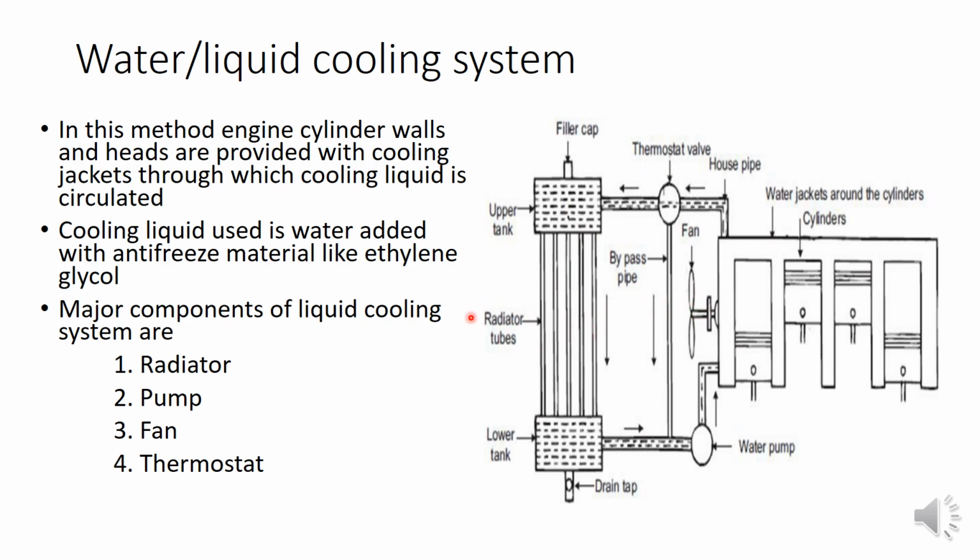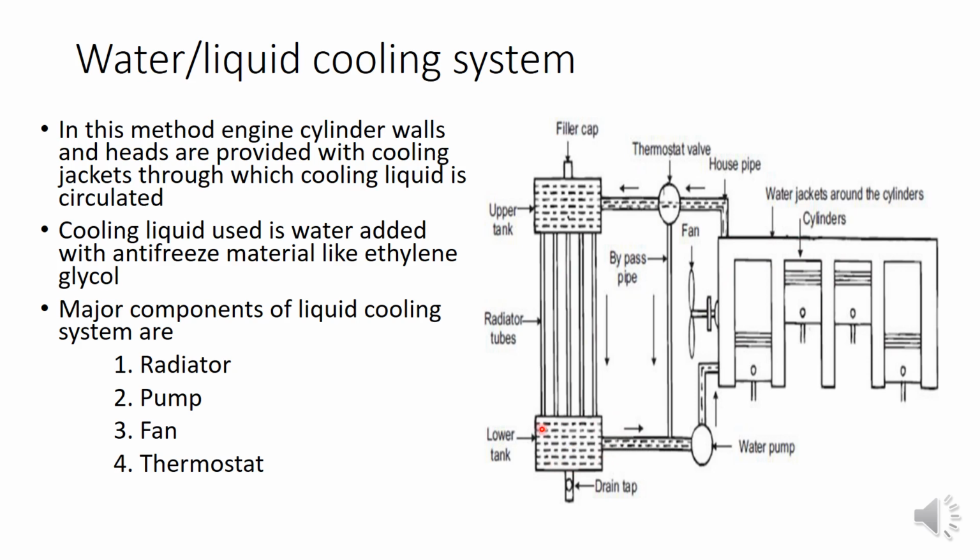So that is why we are using a fan here. So air will be blown through these radiator tubes. So when moving from the upper tank to the lower tank, the hot water becomes cold water by transferring heat to the air. So we are using air also for heat transfer, but the primary fluid is water or liquid, that is why it is known as water cooling.